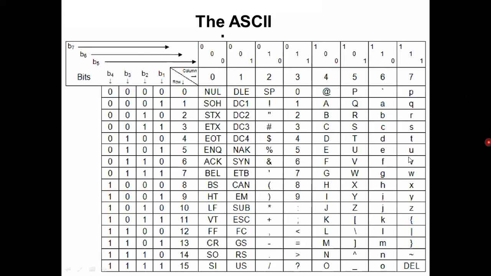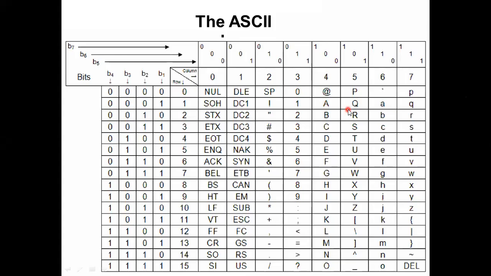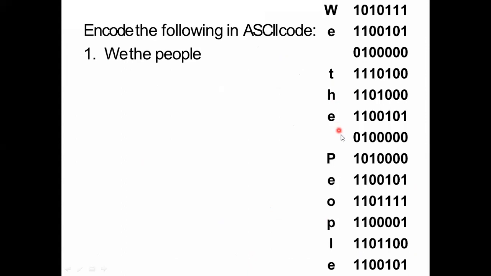Small t is here, 111 0100. In this way, we take all the letters' equivalent ASCII codes from this table. Next, the word the, and a space is there again. For the space, 010 0000. In this way, we are converting.